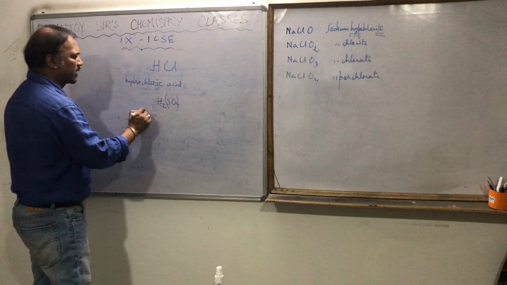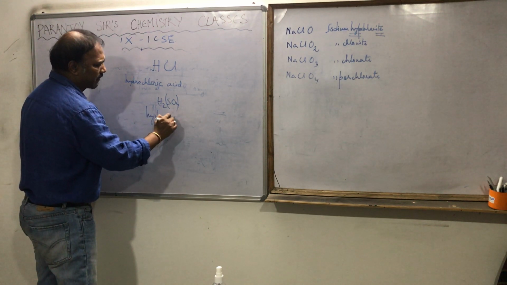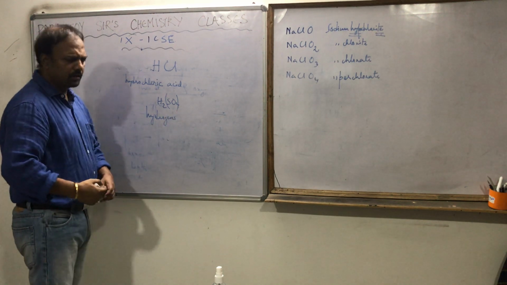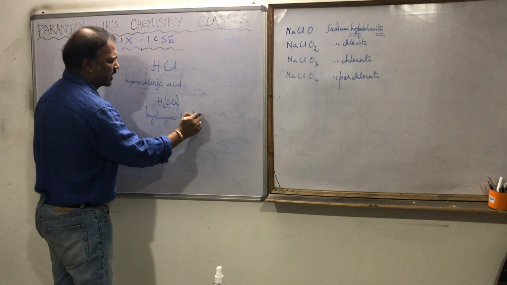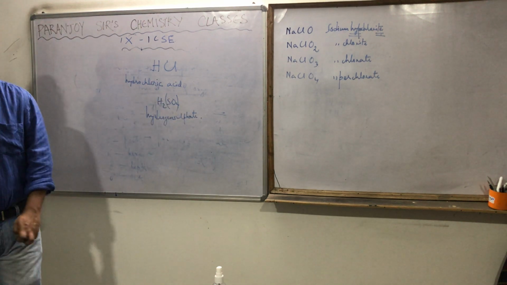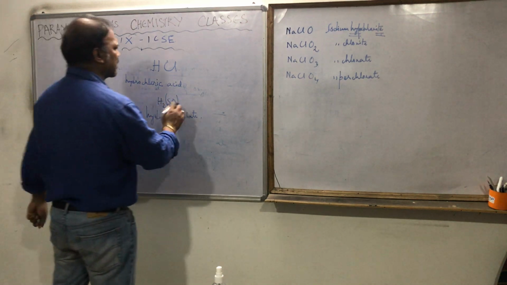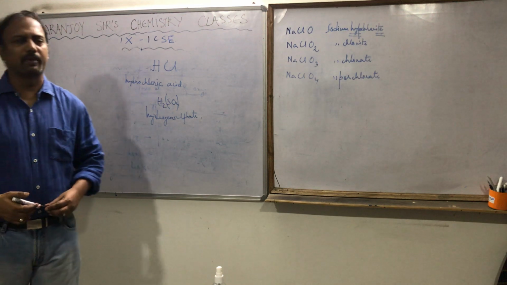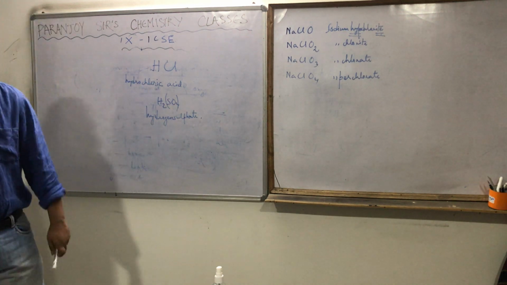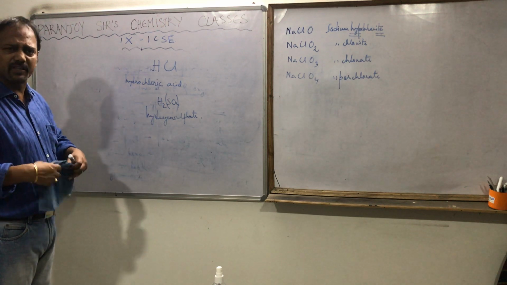So in this case, you can write it as hydrogen sulfate. Simply hydrogen sulfate. And commonly this is known as sulfuric acid. That's a common name, which we call a trivial name. That is the next topic. Hope you understood. Slowly we'll learn these names. That is nothing very serious.